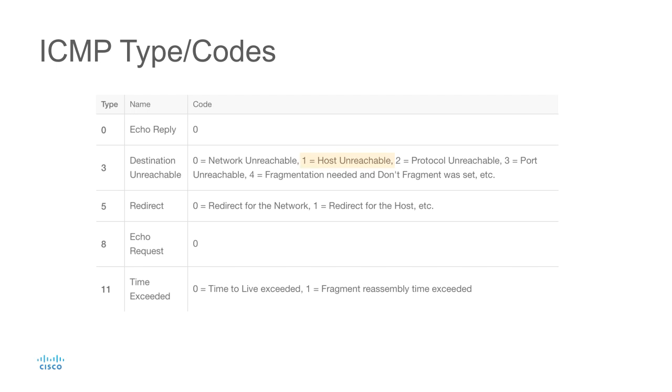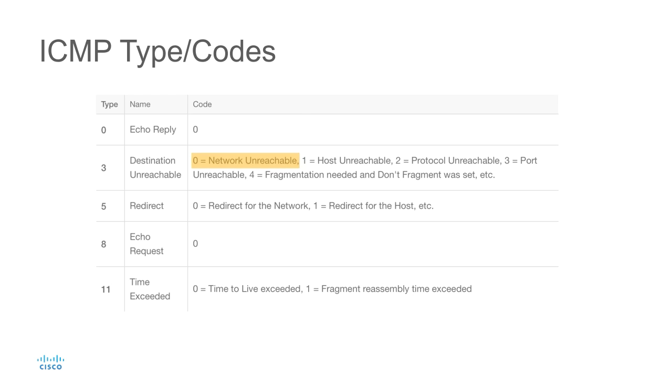A code of 1 would indicate the host is unreachable. A code of 2 would indicate the protocol is unreachable. 3 would indicate the port is unreachable. And a 4 would be that fragmentation is needed, and there's a bit in the header that is toggled that says don't fragment this particular packet. So we couldn't fragment it.